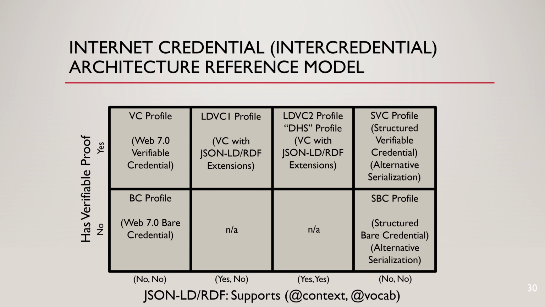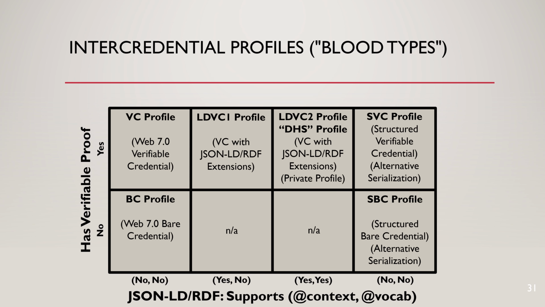So again, we're back to the internet credential architecture reference model, a 2x4 matrix. We're going to look at this version of the matrix. It's exactly the same as before, but we've highlighted the internet credential profiles or the InterCredential blood types. So starting in the bottom left-hand corner, we have a bare credential.